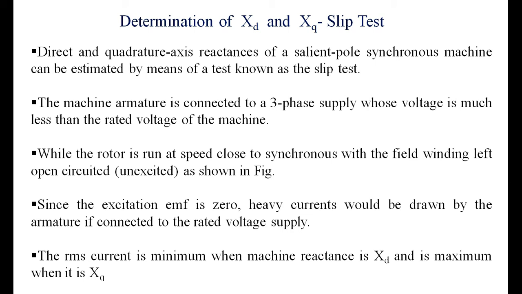We know that XD is greater, therefore the current is minimum, and XQ is smaller, therefore the current is maximum, because XQ is less than XD.